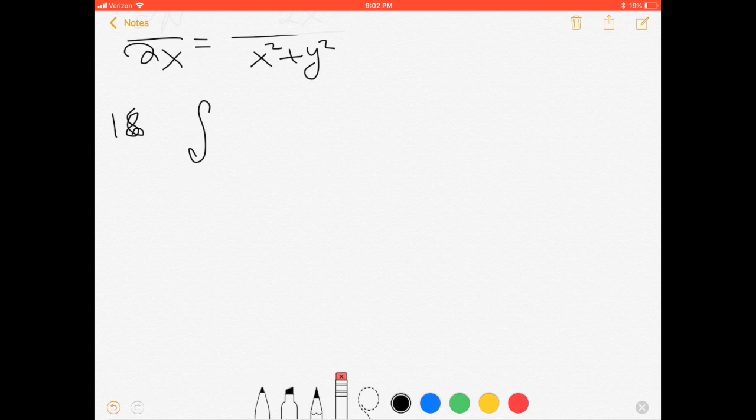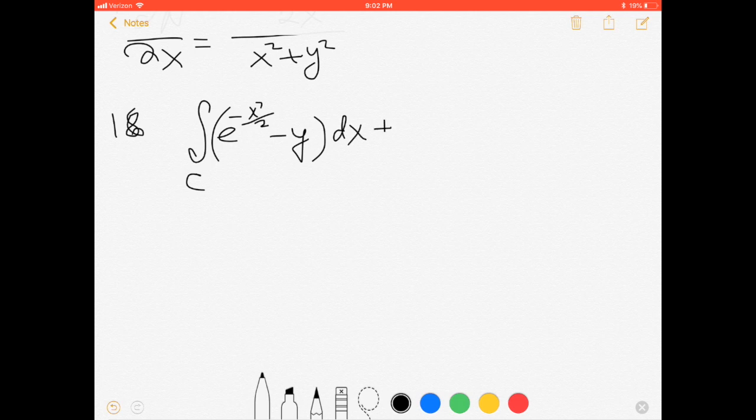I think about the region and start writing R. C. Number 18 here. e to the negative x squared half power minus y, this is dx, plus e to the negative y squared over 2 plus x, that's dy.